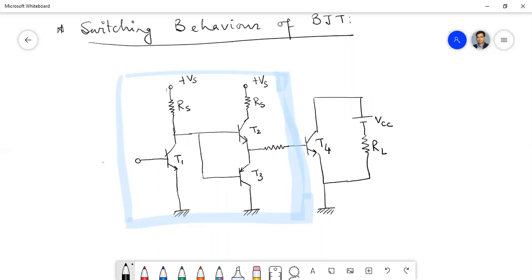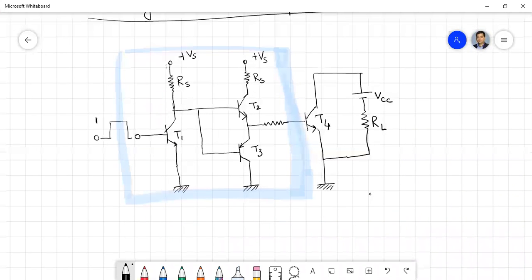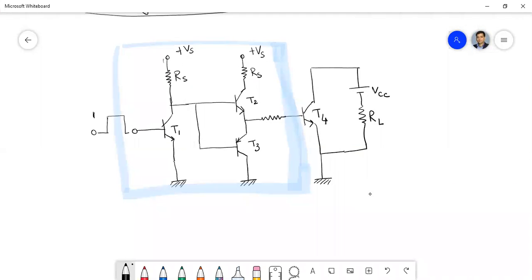So we need a pulse which has two levels. Any pulse has two levels. One is the logical one, another is zero. One is high level, another is low level. So we need this pulse to drive the transistors.